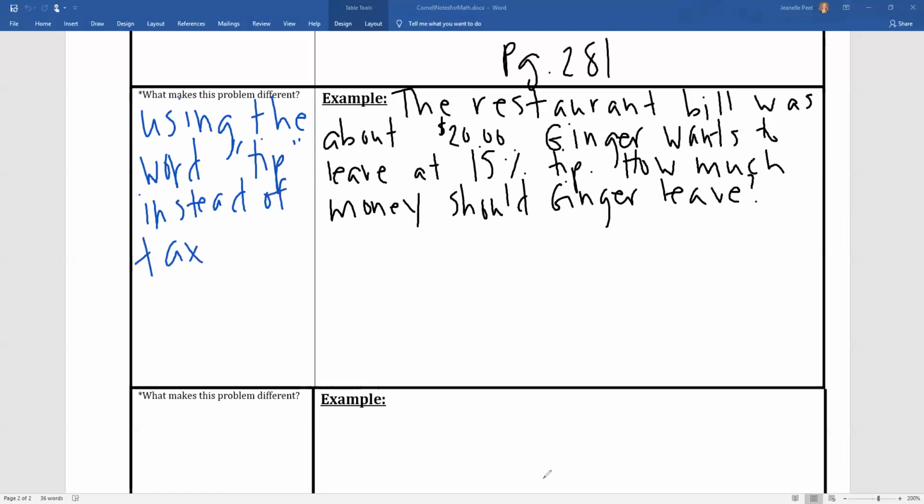Okay, so it's very similar to the first example, but they're using the word tip instead of tax. So they're already giving me my total, so get your highlighter out. They're giving me my total, and they're telling me how much tip they want to leave.